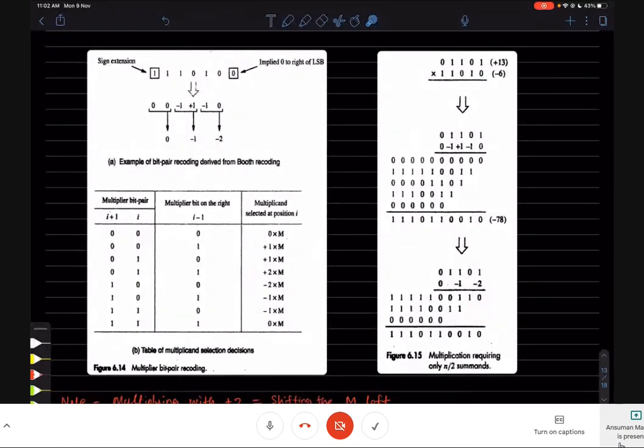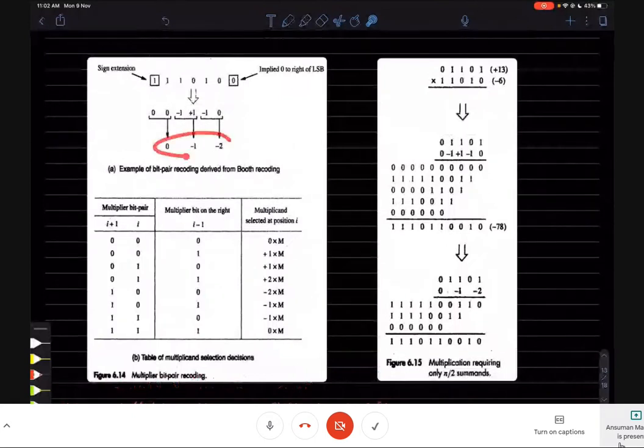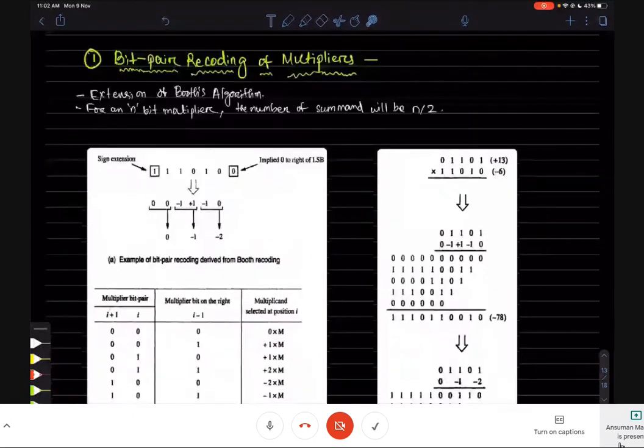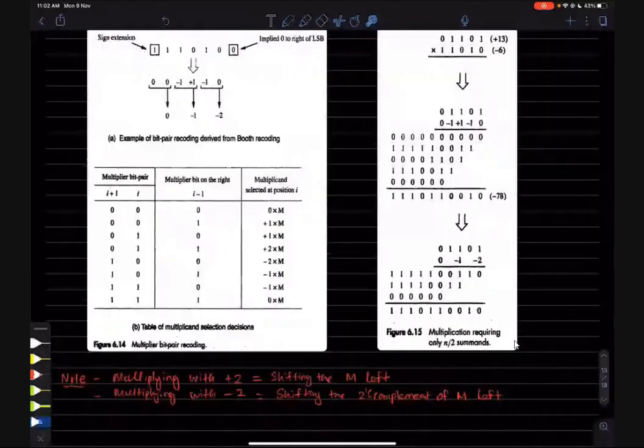In this case we can make it faster by coding the multiplier, and this coding is called bit pair recoding of the multiplier. I have told you about plus 2 and minus 2, so these are the two things we had not discussed in the last class.